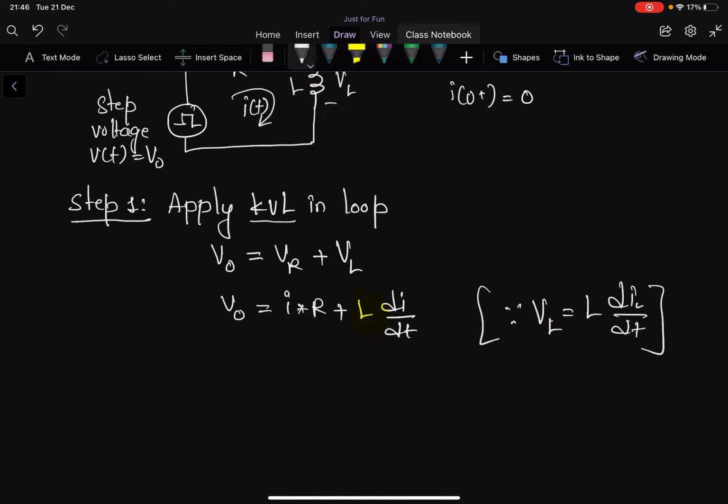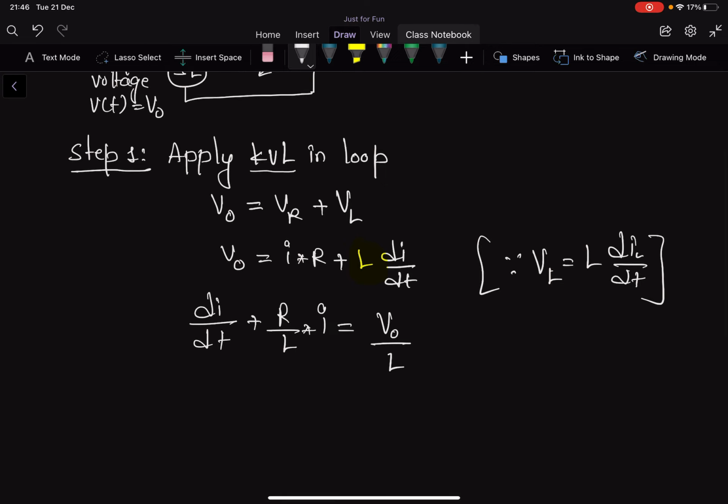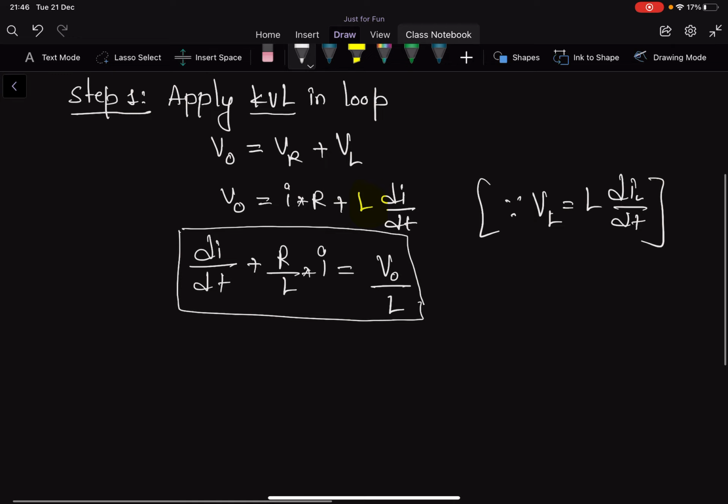So what we can do is divide both sides by L, and we get di over dt plus R over L times I equals V naught over L. Now this is our differential equation.